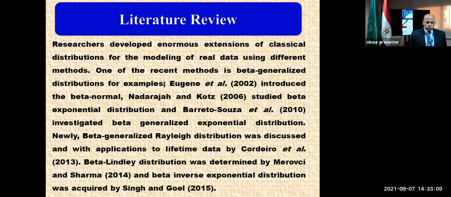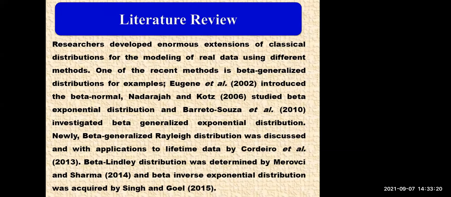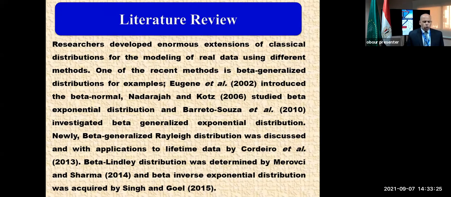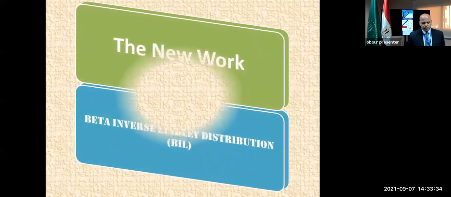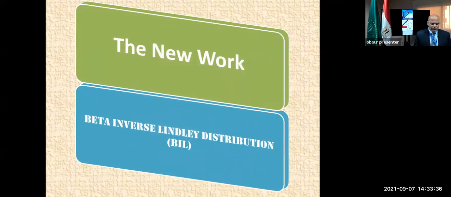And the beta Lindley distribution was determined by Merovci and Sharma 2014, and the beta inverse exponential distribution was acquired by Singh and others. The Weibull inverse exponential distribution was introduced by Hemeda et al. 2017. The new work is the beta inverse Lindley distribution, BIL, its abbreviation.